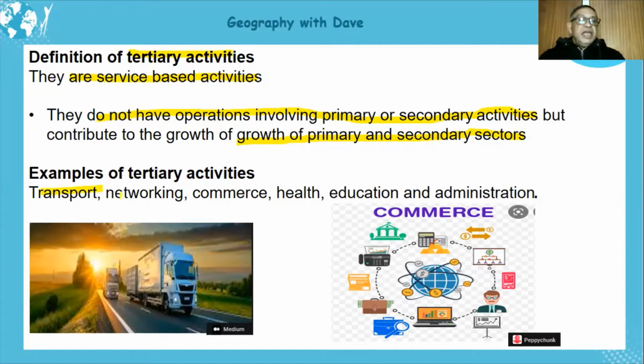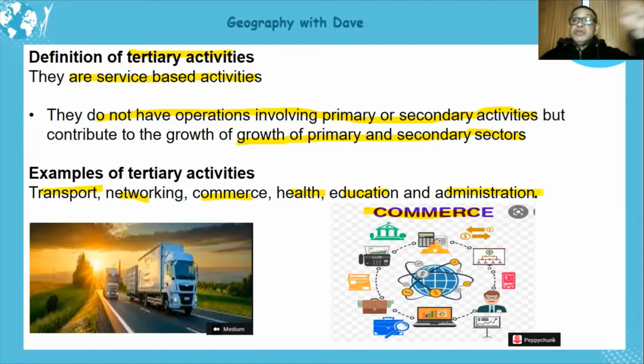And networking, commerce, which includes all these businesses, etc., health, education, administration, recreation, businesses like shops selling stuff. So all these things are examples of tertiary activities.